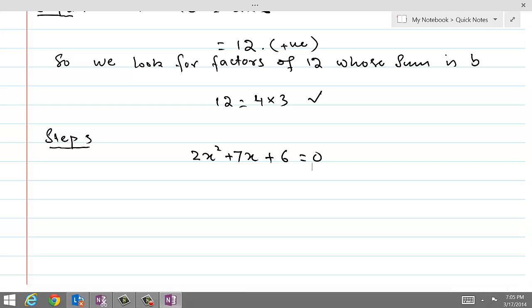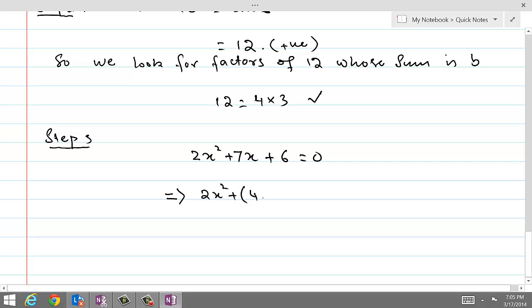And we are going to write the same equation, except that we will write 7 as the sum of the factors of 12, which are 4 and 3. So 2x square plus 4 plus 3 x plus 6 equal to 0.